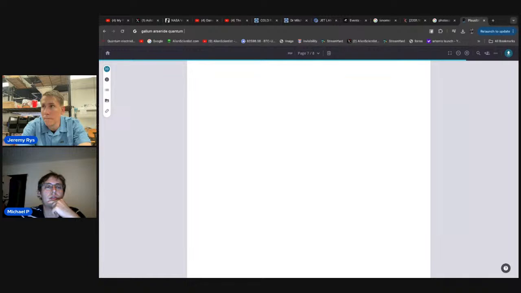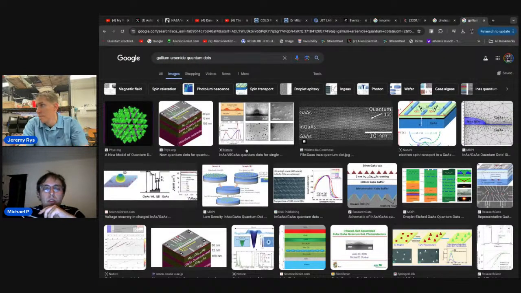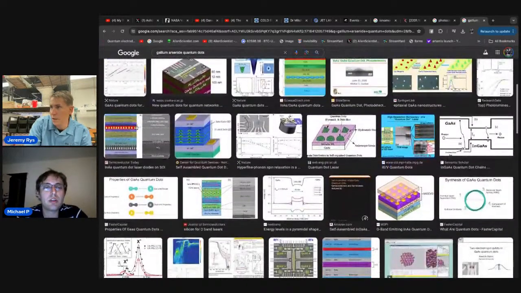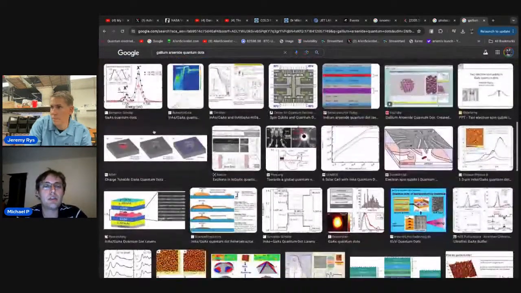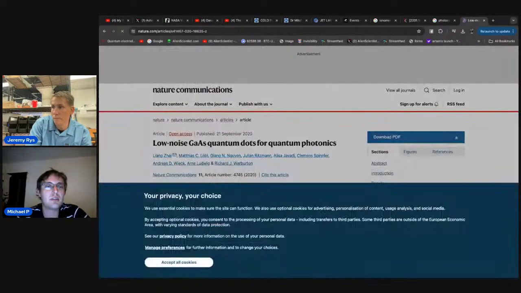You can make like a rainbow out of them. Maybe there'll be better pictures if we just search quantum dots.